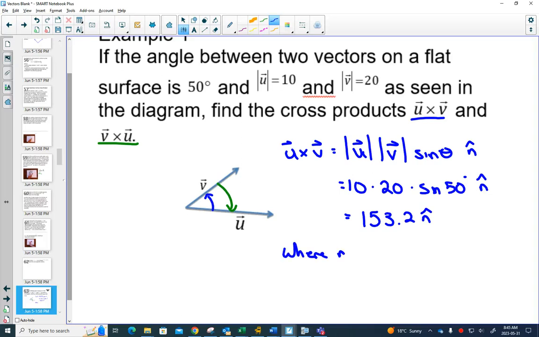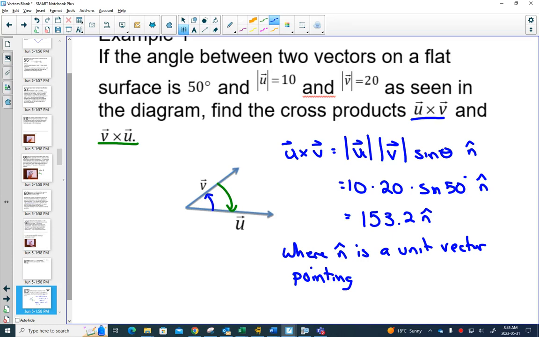And we have to define which way n is going. So just writing n doesn't tell us which direction it's going.